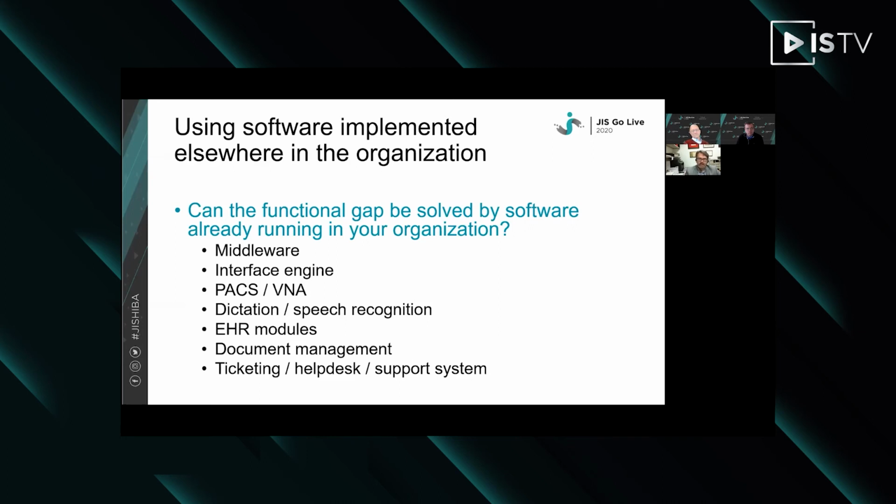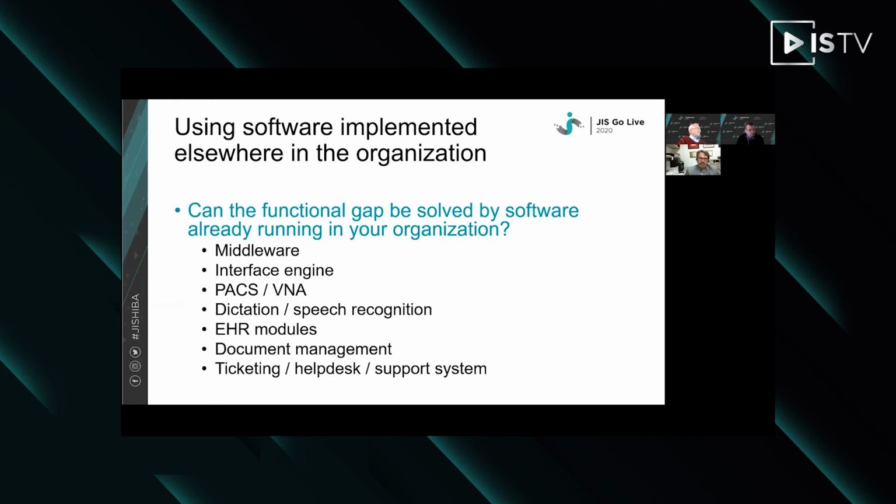Let's say you have an independent LIS module, but your EHR has some modules you might be able to use for certain tasks. We've actually done this here where we have an independent LIS, but the health system has a module that we've used for certain types of testing, for signing out certain types of testing. Document management, perhaps there's a document management system that could be used for a variety of purposes.